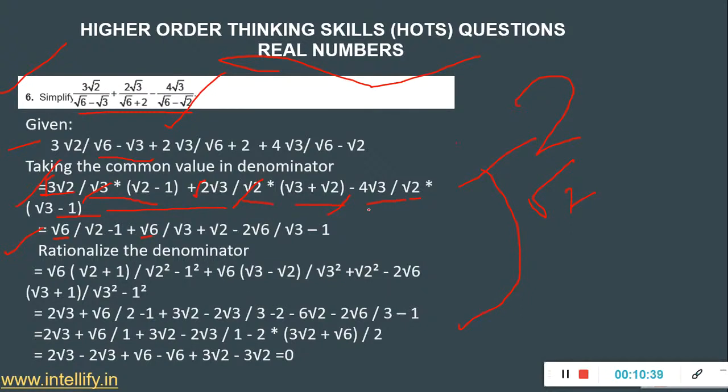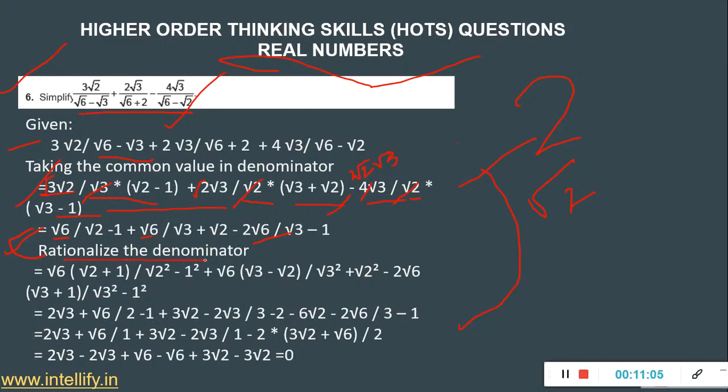Similarly, in the third value, root 2 cancels out with 4. If we take root 2 out of 4, it becomes 2 root 2. 2 root 2 into root 3 will become 2 root 6. Now we have simplified the values further, and now we can rationalize easily.